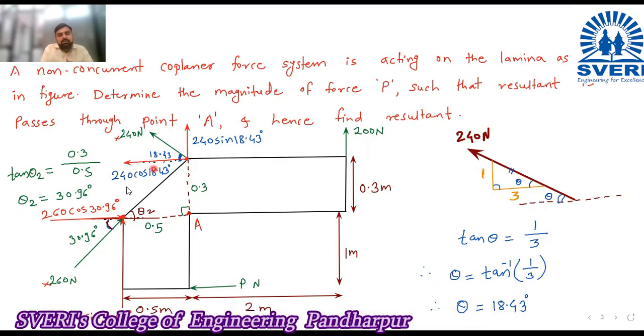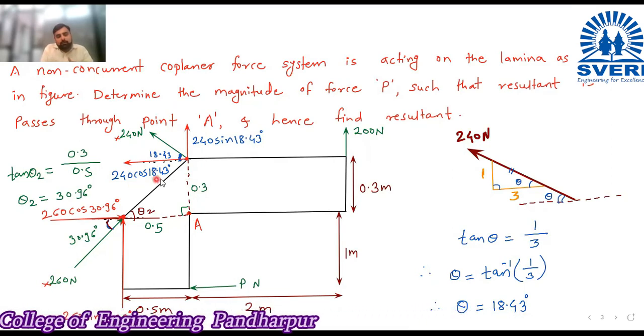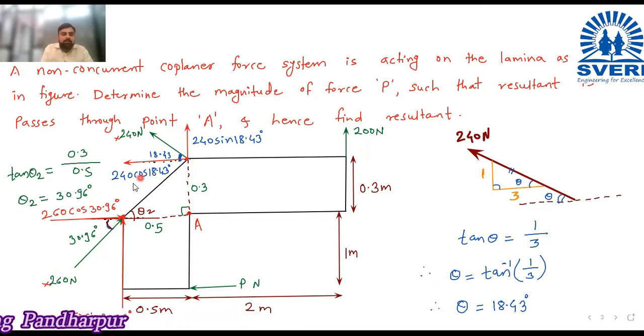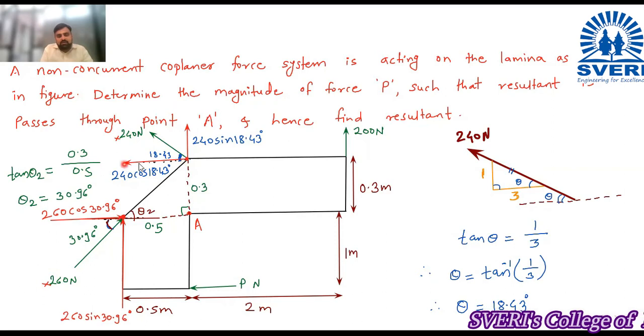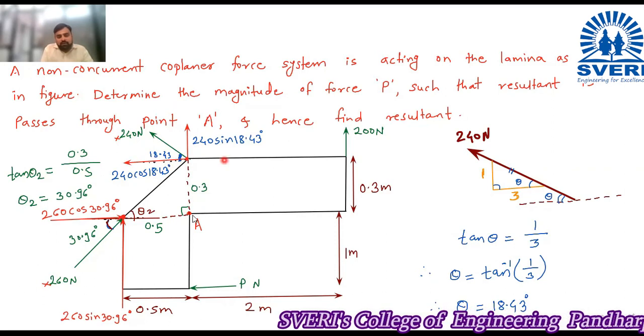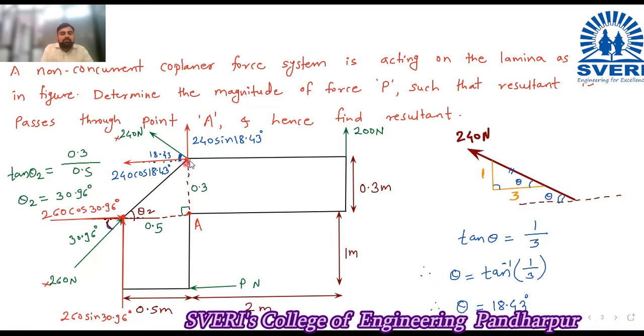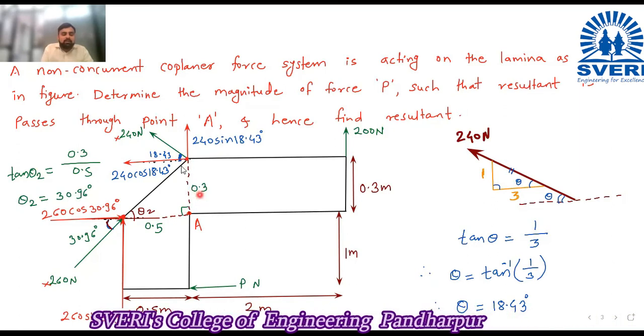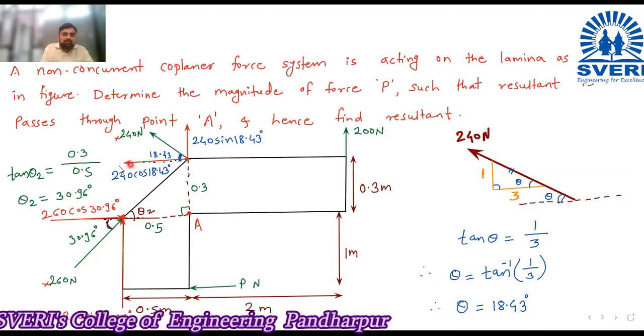Now the next force is 240 cos 18.43. Now you tell me what is the distance for this force to take the moment. If the force is horizontal, your distance must be vertical. So the distance is 0.3. Now see, the force is moving towards the left hand side.